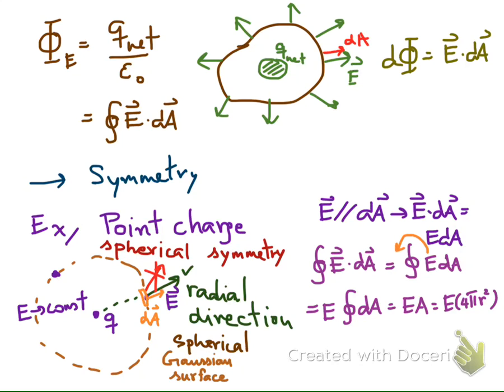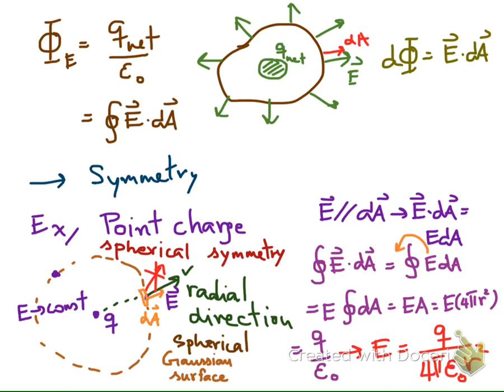Which from Gauss' law is equal to Q over epsilon 0. So finally we have that E is equal to Q over 4 pi epsilon 0 r squared, which is Coulomb's law.